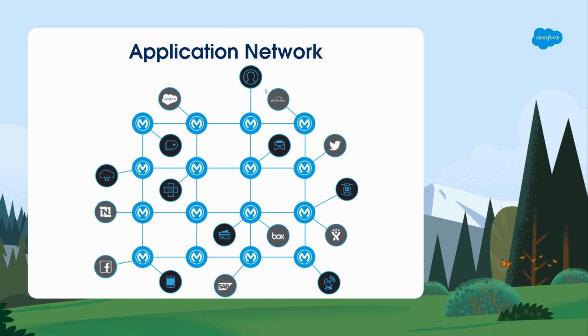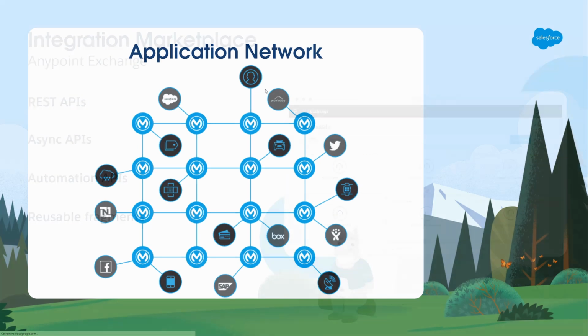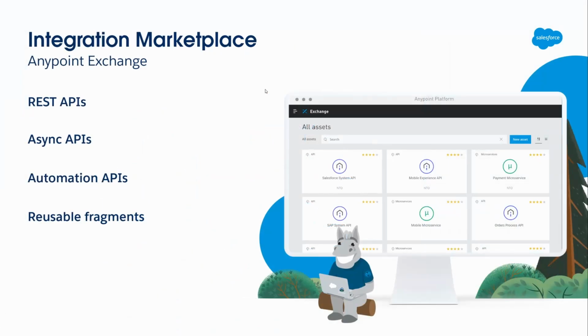Of course, there is something like an integration marketplace. Everyone should know that it's called Anypoint Exchange. This is a place with a variety of assets like REST APIs, asynchronous APIs, even automation APIs, more on that later, and reusable fragments, and many more, of course. This is the first place, for example, where I look whenever I need to design a new API, to see if something similar or exactly what I need is there.